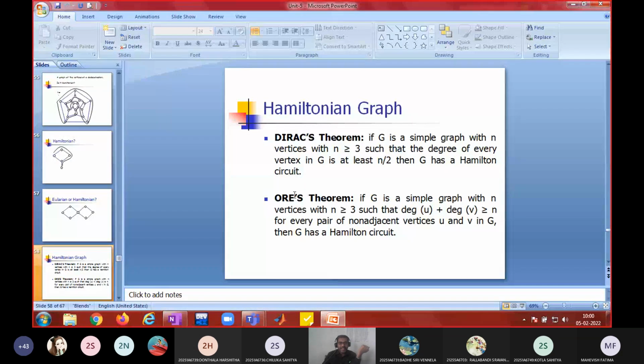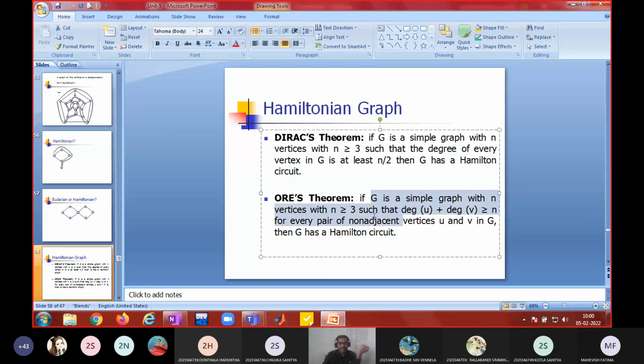Similarly, there is one more sufficient condition. If this condition is satisfied, then G has a Hamiltonian circuit, or G is Hamiltonian. What is that condition? If G is a simple graph with at least 3 vertices, and the degree of u plus the degree of v is greater than or equal to n for every pair of non-adjacent vertices, you take any 2 non-adjacent vertices, their sum must be at least the total number of vertices.